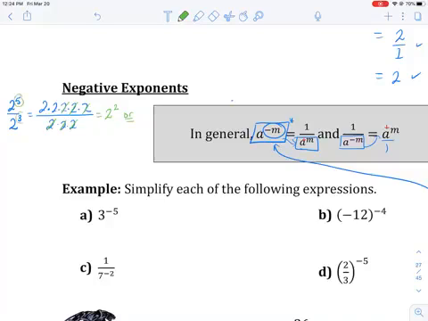Or, using our laws, 2 to the 5 divided by 2 to the 3 we know is 2 to the power of 5 minus 3, which is 2 squared. So either way, we get the same answer.